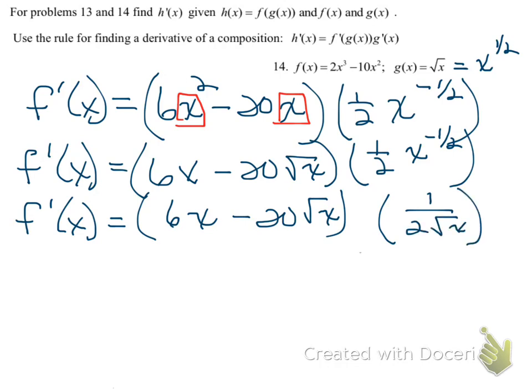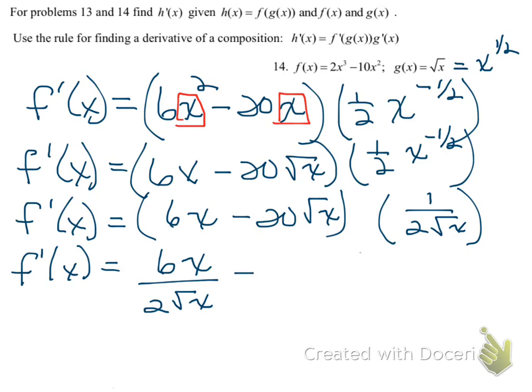Okay, so I like to clean this up. So why don't we distribute the 1 over 2 radical x to both of the terms inside the parentheses. So f prime of x equals, so now I'm going to have 6x over 2 radical x, and we'll deal with that in a second, minus 20 radical x over 2 radical x. Okay, so let's start canceling some things.